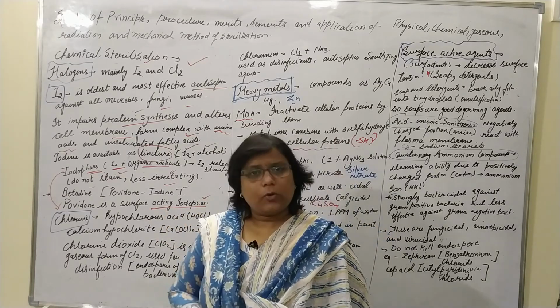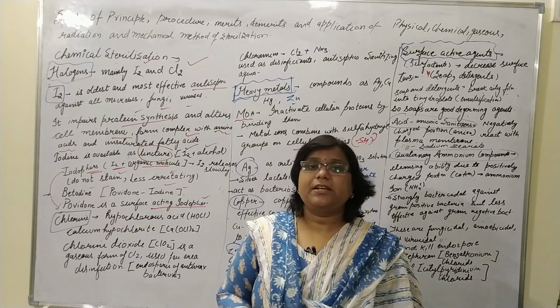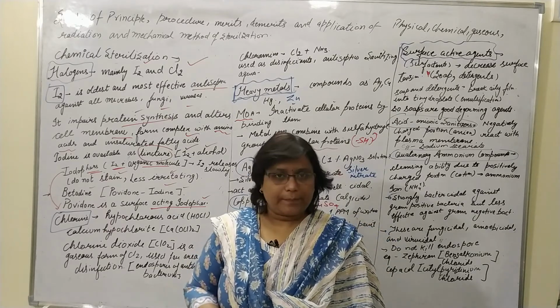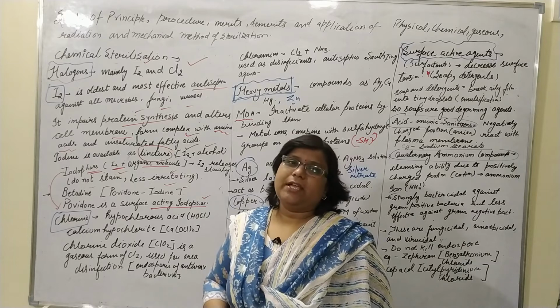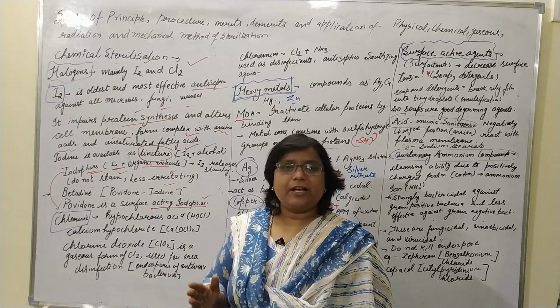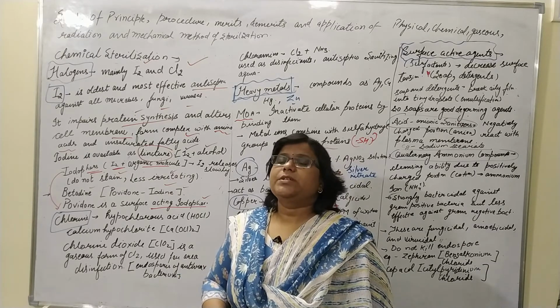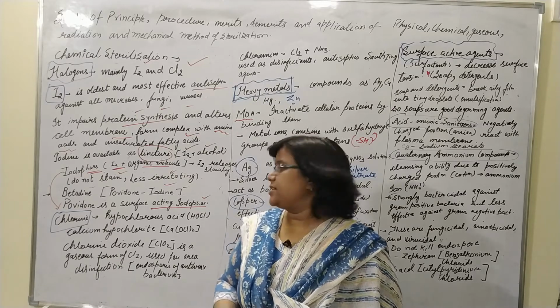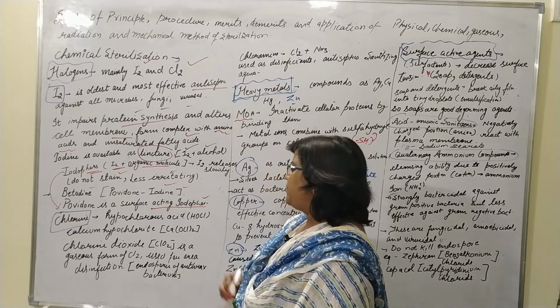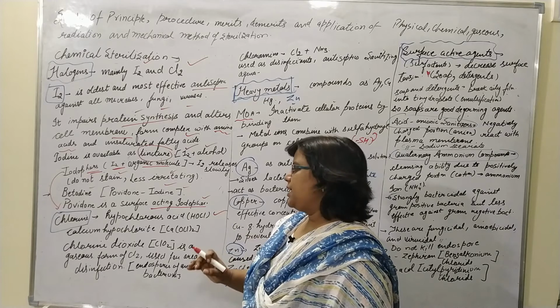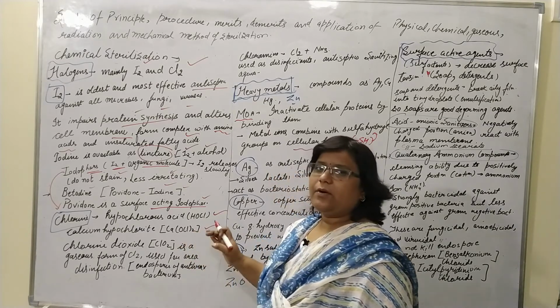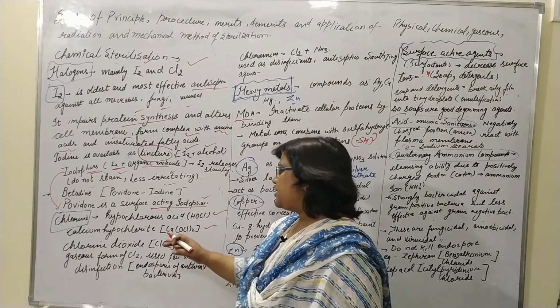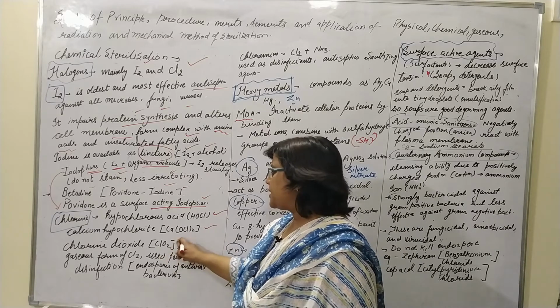The next halogen is chlorine. As we know, chlorine is majorly used in the treatment of water. Different kinds of chlorine agents are used as antiseptic and sterilizing agents: hypochlorous acid HOCl, calcium hypochlorite CaOCl2, and chlorine dioxide ClO2.